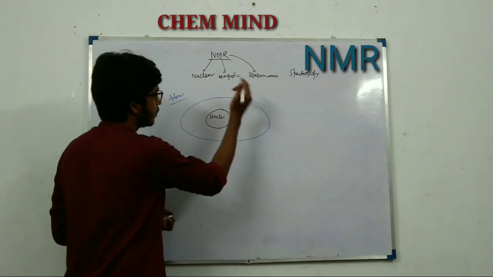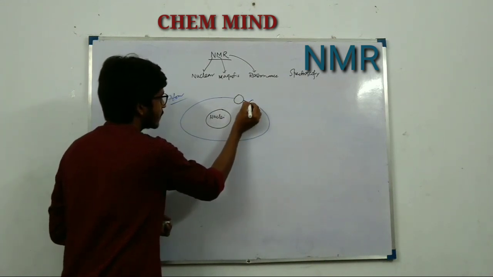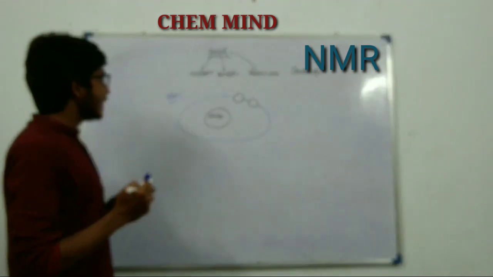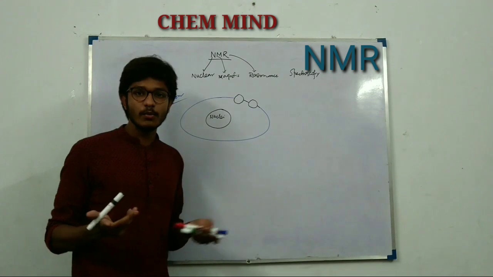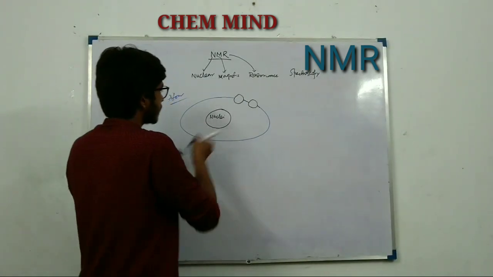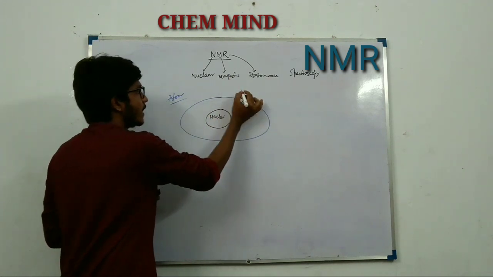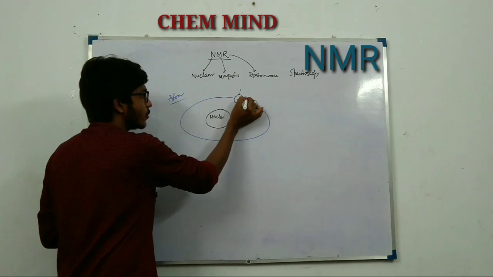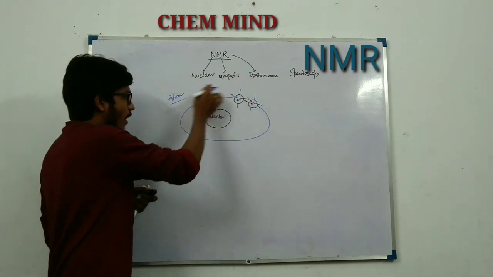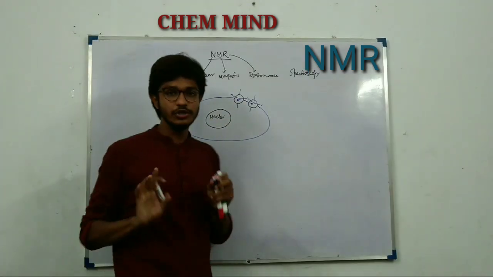Outside of that nucleus there are 2 electrons, like basically the sun and planet phenomenon. These 2 electrons are revolving around the nucleus, or they can spin on their particular position. So either they are revolving around the nucleus, or they can spin on their particular position.